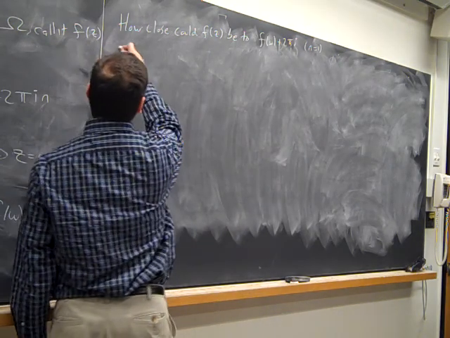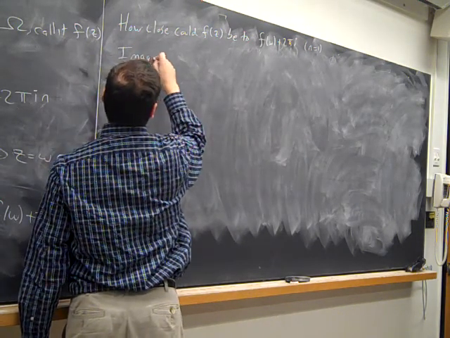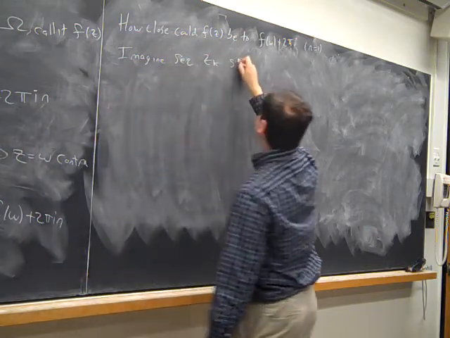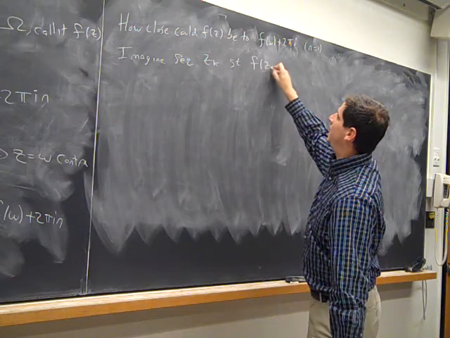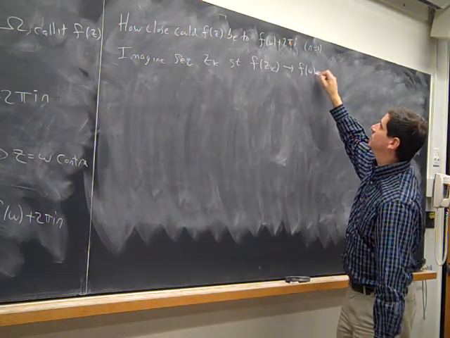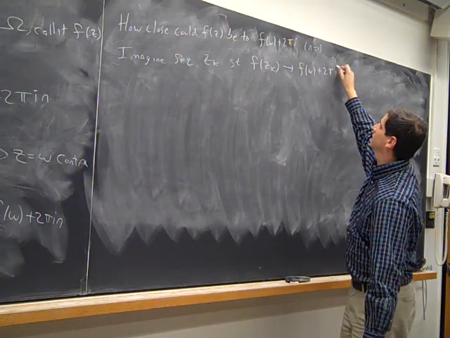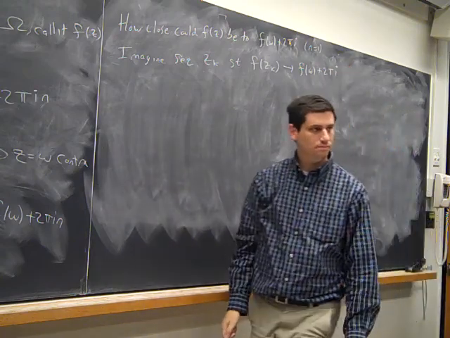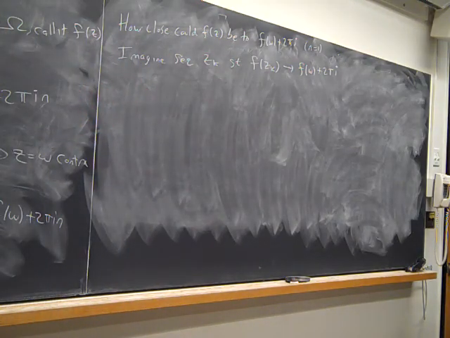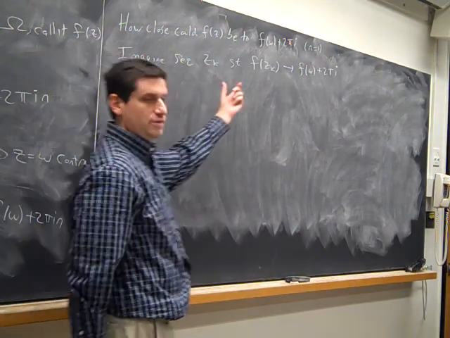So imagine we have a sequence zk such that f of zk is converging to f of w plus 2 pi i. What does that immediately imply? Remember, f is the logarithm.